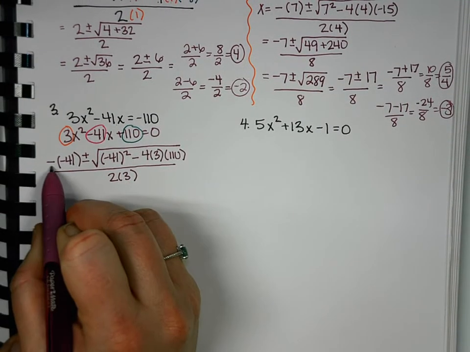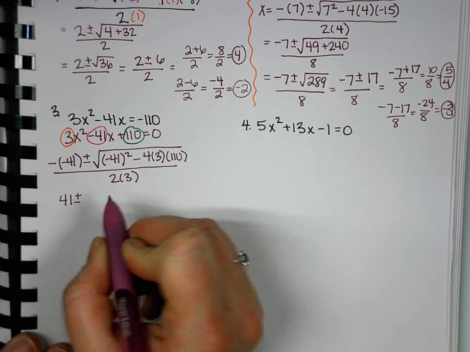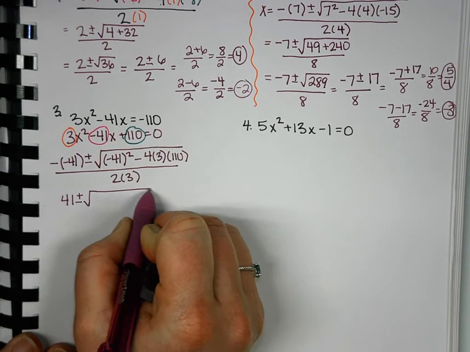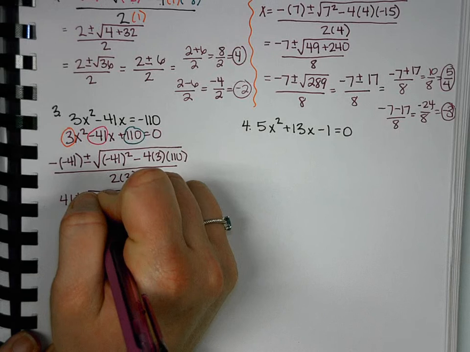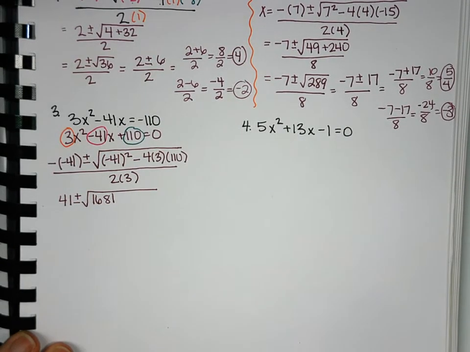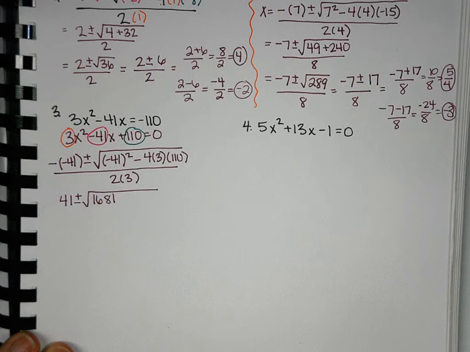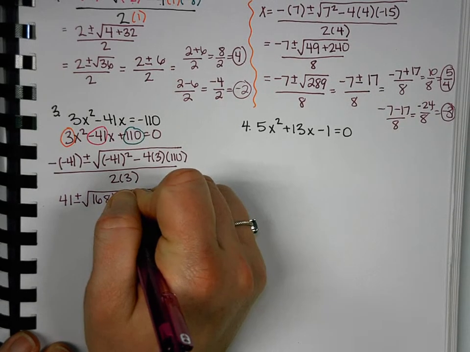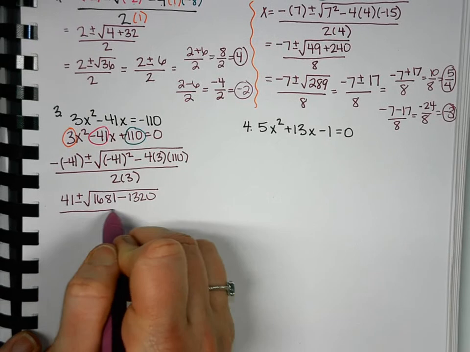Two negatives make a positive. Let's see, negative 41 squared is 1,681. And 4 times 3 times 110 will be 1320, all over 6.